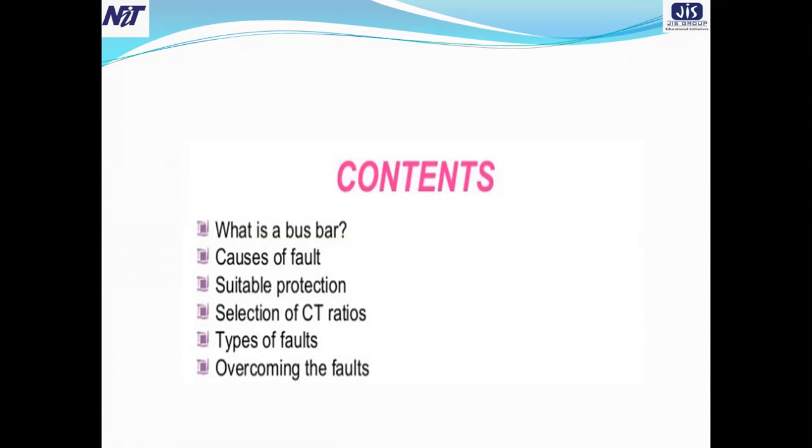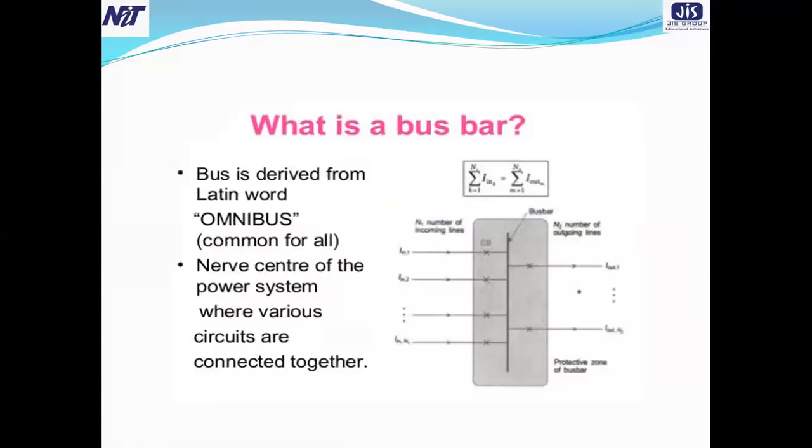After that, I will talk about the types of faults, and then finally overcoming the faults, that is, how can we overcome this fault, and finally we will talk about the conclusion. So these are the contents for today's lecture.